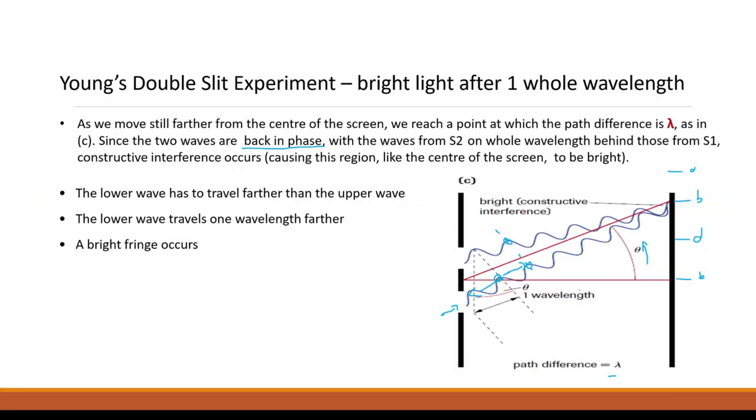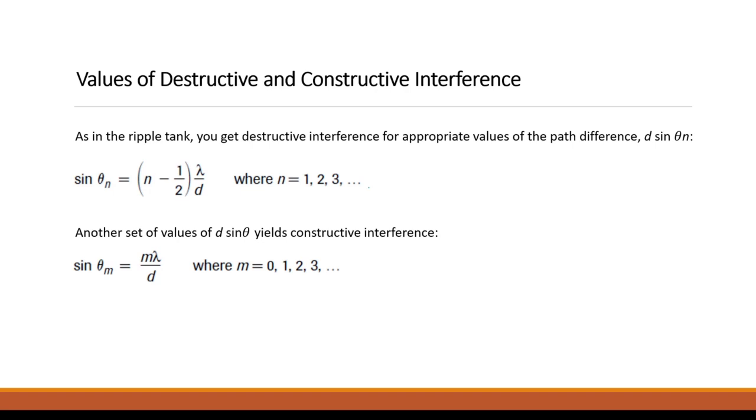So you can guess that certain angles of theta are going to give brights, and certain thetas are going to give darks. And so we can come to a general formula to find which values of theta yield areas of destructive and which yield areas of constructive interference.